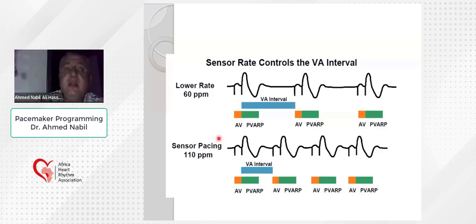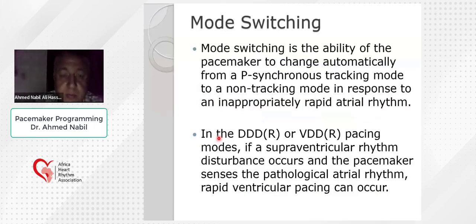I can adjust the maximum sensor rate to the rate that I need according to the patient's needs and situation, so as not to increase the heart rate, for example, in patients who are ischemic, where we don't need very high rates. So all these values are adjustable in our hands.